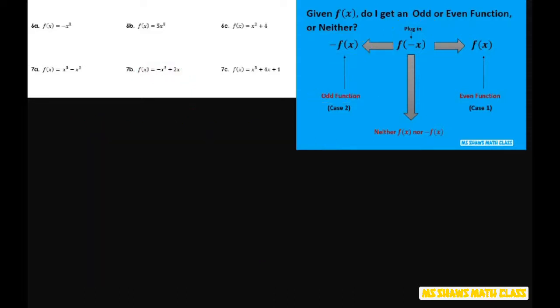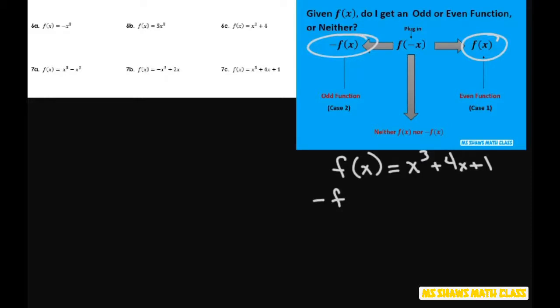Okay, the last one. The even function looks the same. The odd function is a negation. So I did that one. Now I'm doing this one. So just negate each term.